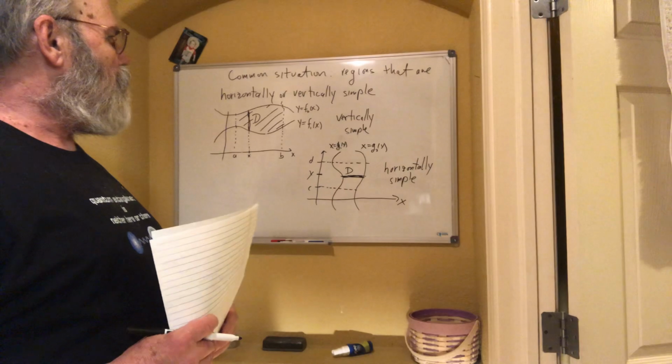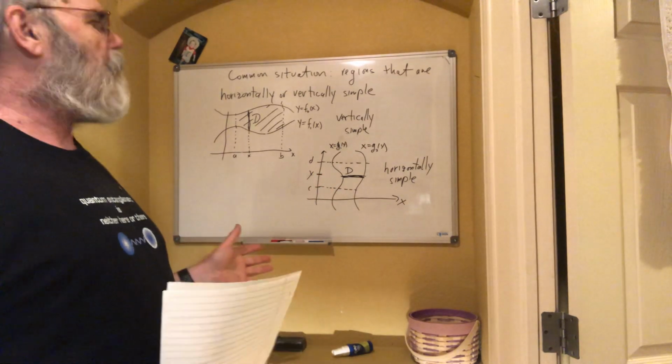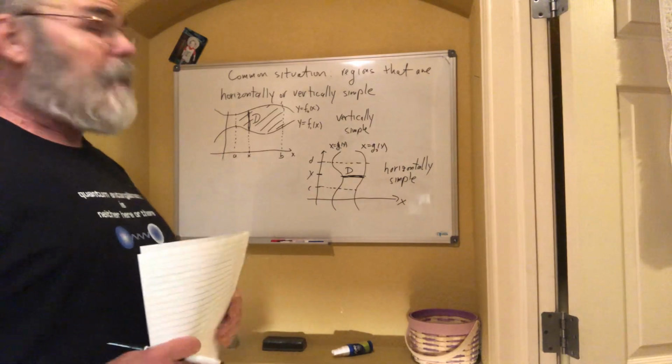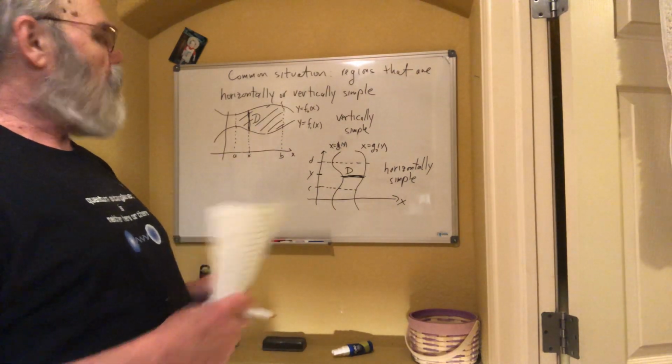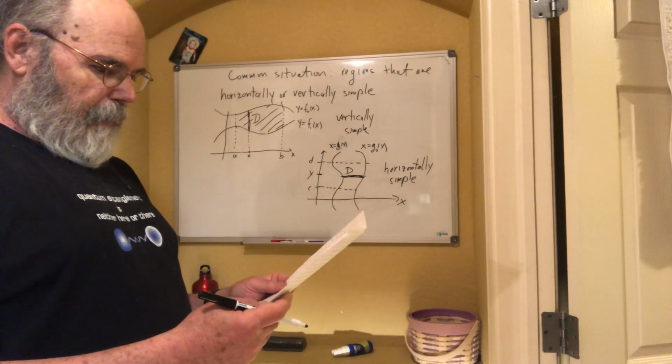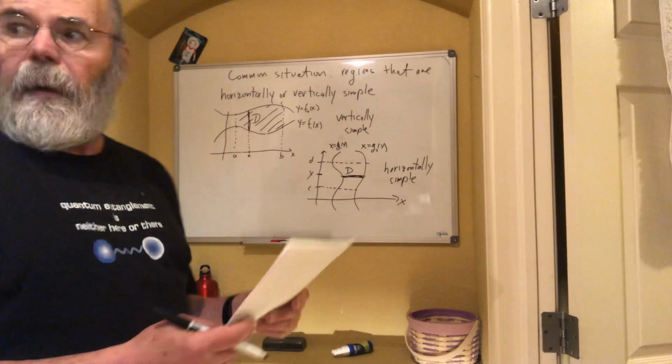So this doesn't necessarily do everything you need for these integrations, but it's quite a lot. If you can do these two cases, then you're on the right track and you can figure out the rest of it.